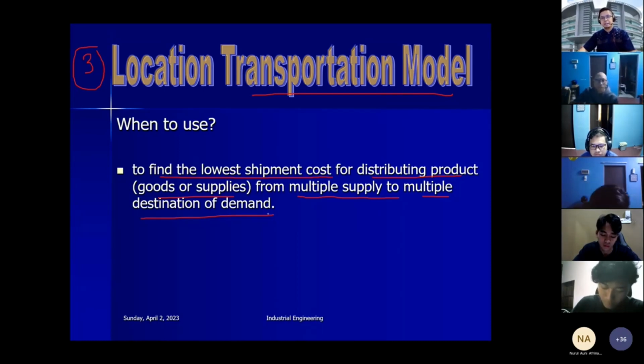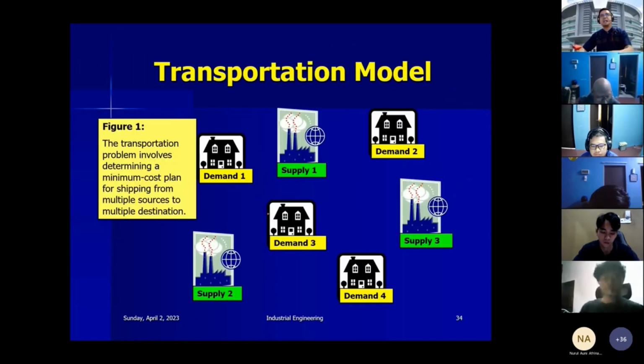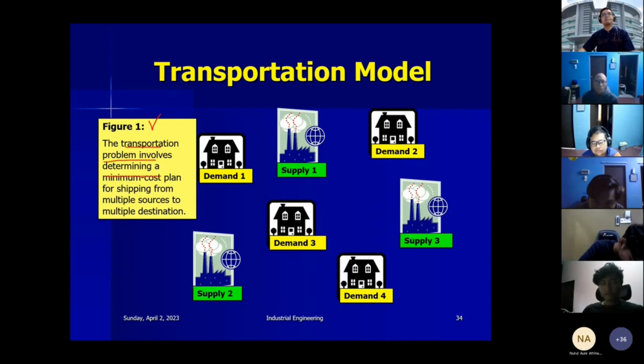Please listen carefully, this is very important. This is an example, figure 1. The transportation problem involves determining the minimum cost plan for shipping from multiple sources to multiple destinations. Let's say this is supply 1, this is supply 2, supply 3.